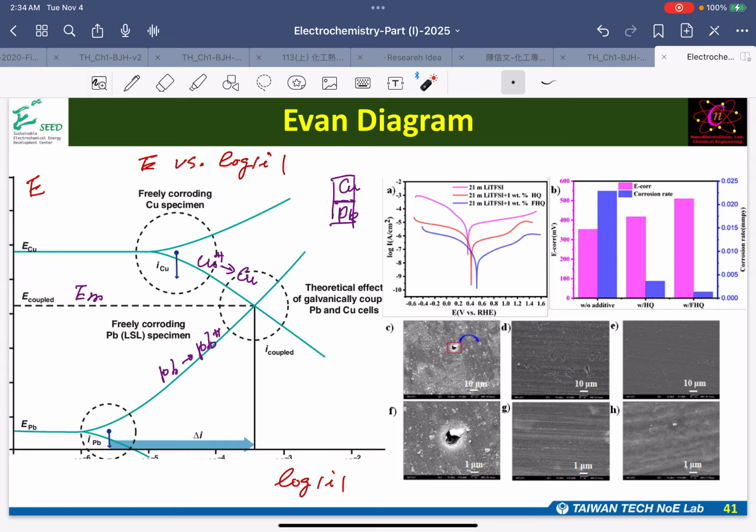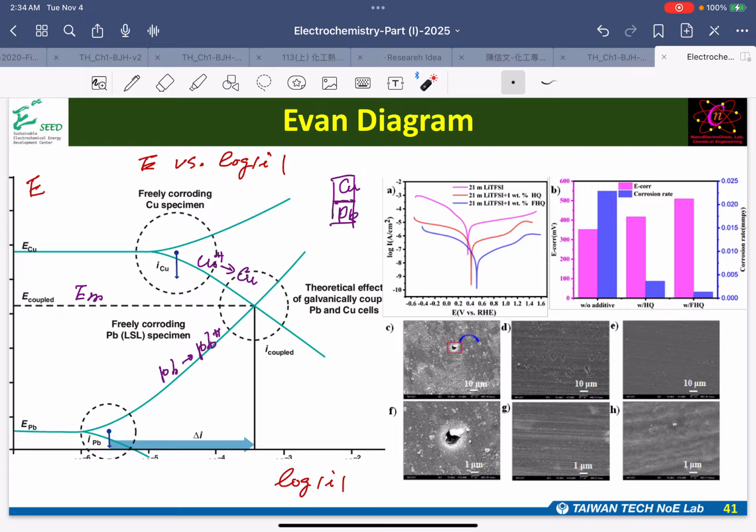So as I mentioned, in the environment you may have different reactions. Like in this example, we have lead in contact with copper. That's what happened.